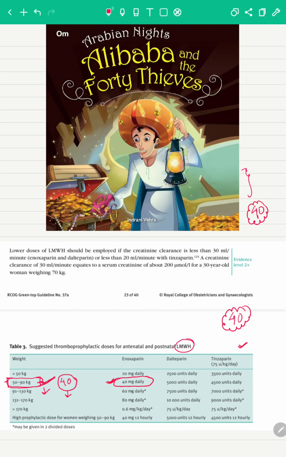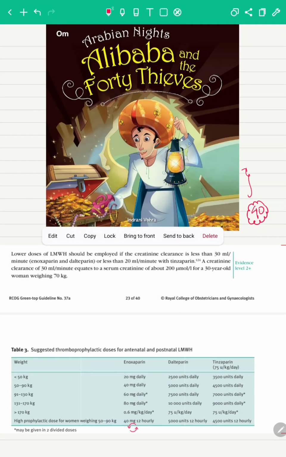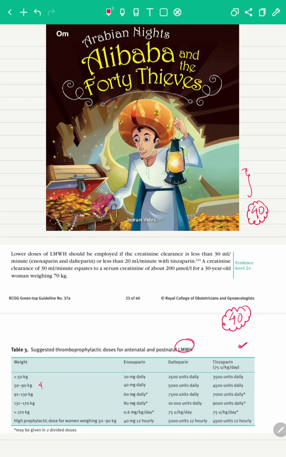That means since it is 50 to 90, the range is 40. Again, for the next range, we will have to add another 40. So it becomes 91 to 130.